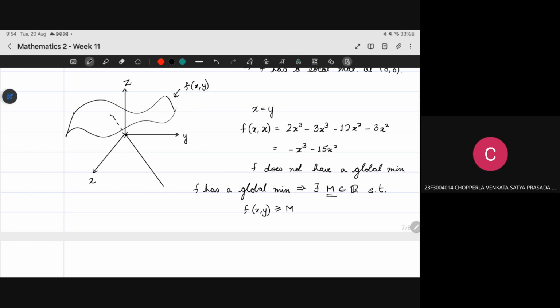Now, whatever m I choose, I know I can take a large enough x such that this inequality is violated, right? So then this cannot happen. F does not have a global minimum.